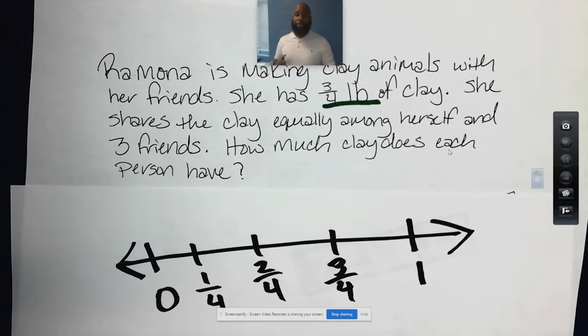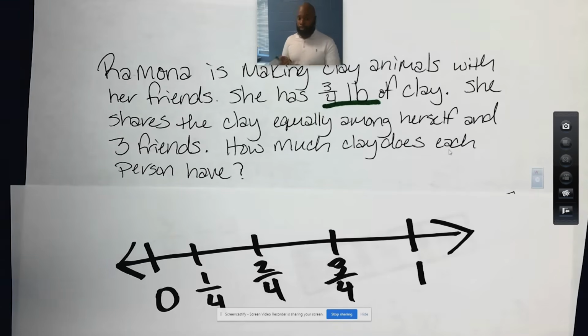Now since we have 4 people, remember Ramona wants clay too, it is easy to think that we will divide by 4. But we have to visualize what it means to divide 3 fourths into 4 parts. For this, we need to divide each fourth into 4. As we saw in the fraction bars, when we divide fourths into fourths, we have 16ths.